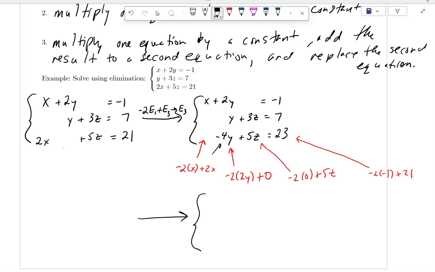So what operation are we going to do to make that go away? I want to make this go away using that. What should we do? Yeah, multiply by 4. Good. 4 times equation 2 added to equation 3, replace equation 3.